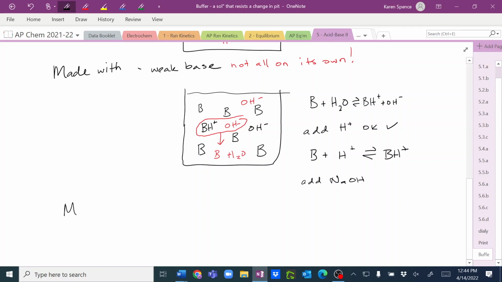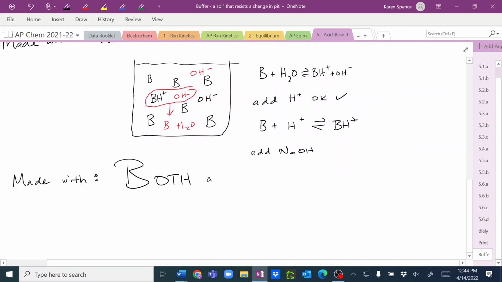What can you make it with? Sorry? Both. Weak, weak. It's a weak acid.